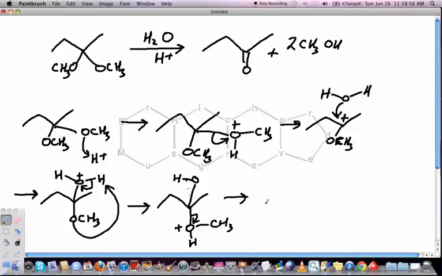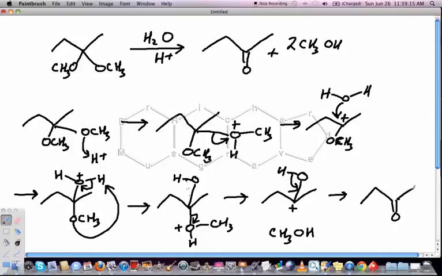And that is to have the alcohol group leave first, leaving a positive charge down here, and then have the H+ leave and form our ketone at the end. So either of those two mechanisms is okay in that instance.